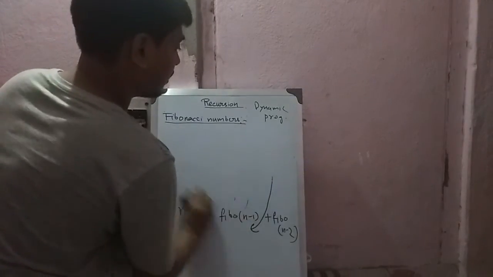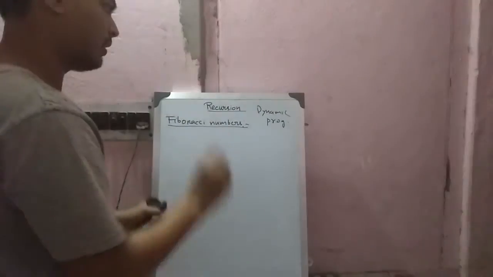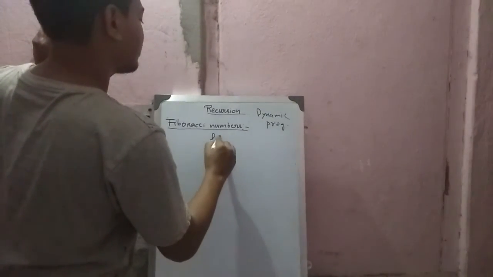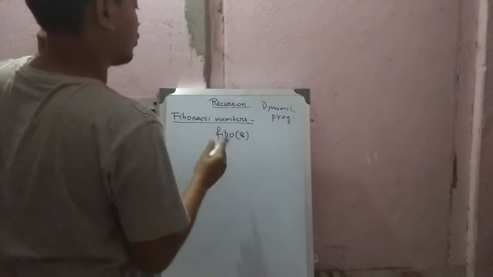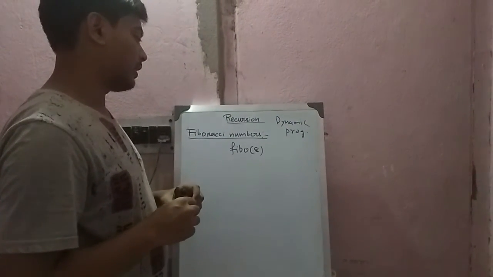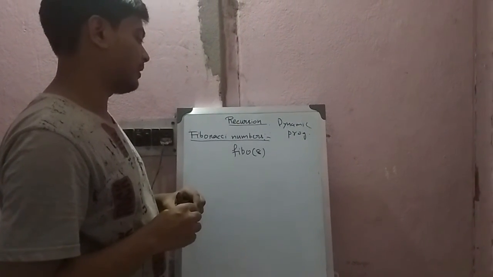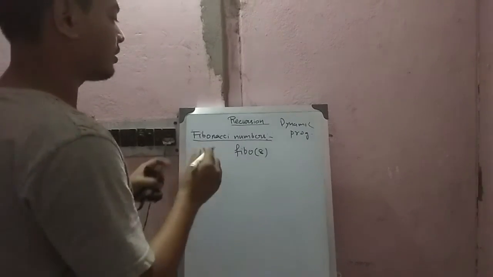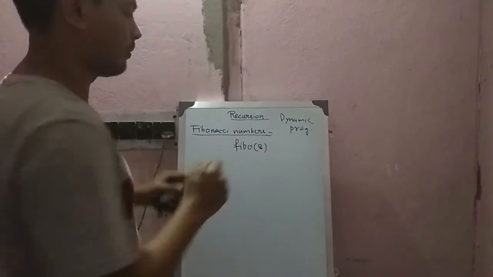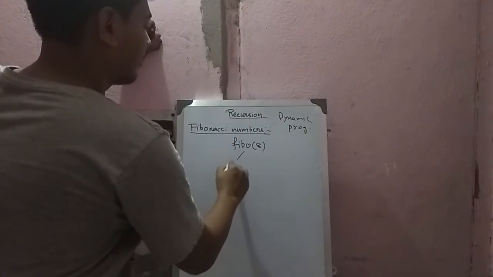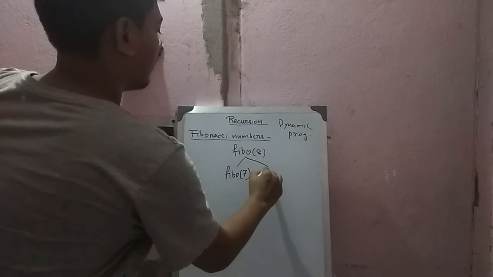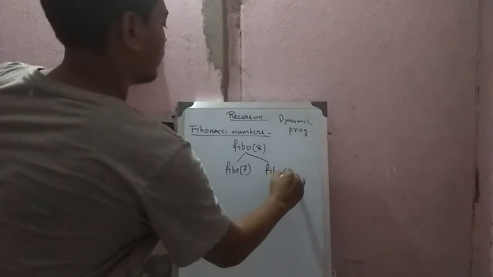I will explain what dynamic programming is a little, and what the disadvantage of this is. See, Fibonacci of 8. Sometimes recursion can be very tedious, right? Because you might see some similar subproblems. For Fibo 8 you have to compute Fibo of 7 and Fibo of 6.